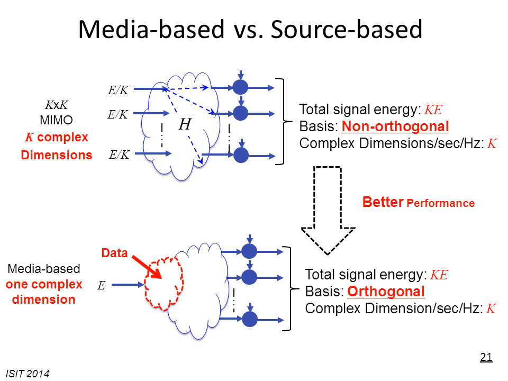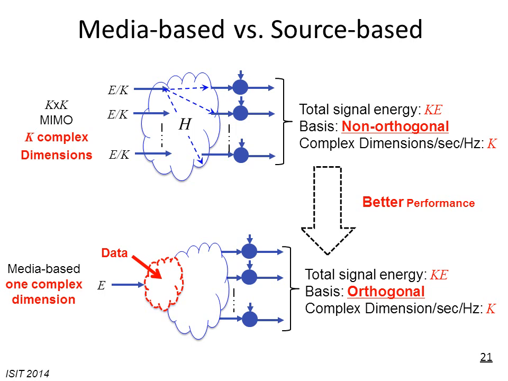In the case of media-based, we have a similar effect in the sense that now we put all the energy E over a single transmit antenna, and the energy over each receive antenna will be E. If I want to have K parallel AWGN channels, however, we need to transmit K units of energy, or K times E, E units over each.